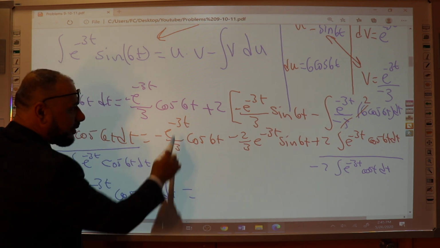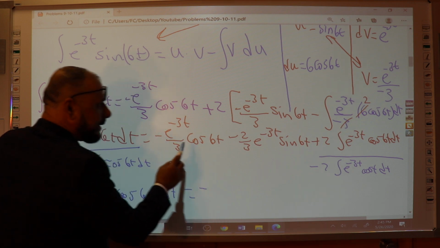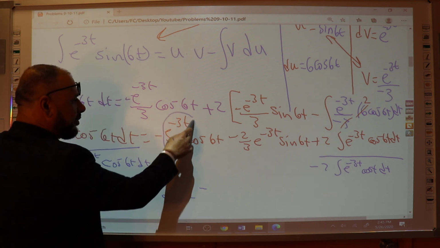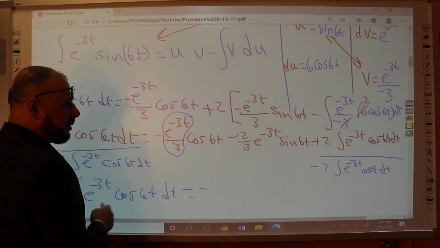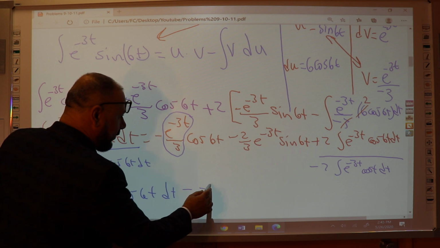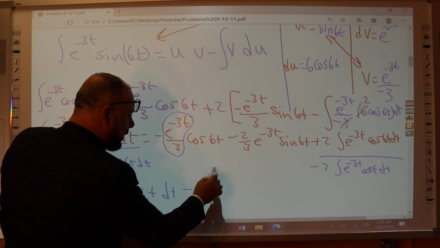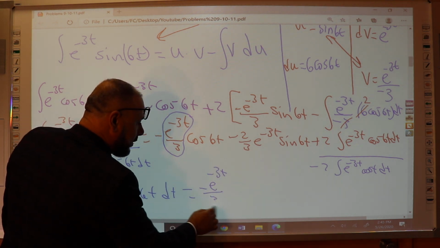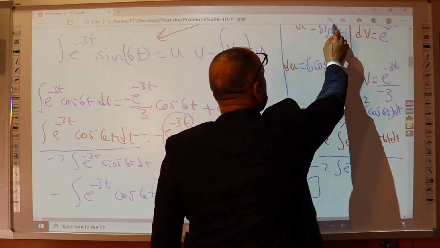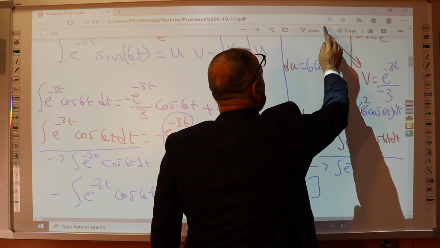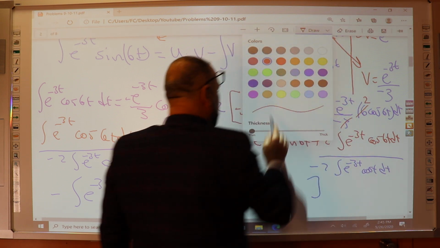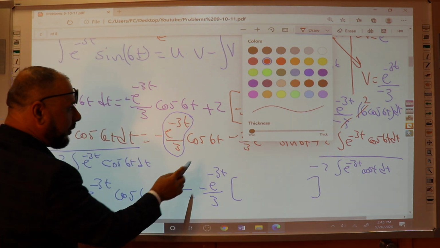equal to all this. Look here, I can take this guy as a GCF, right? I can take negative e to the negative 3t over 3 as a common factor. What is left?